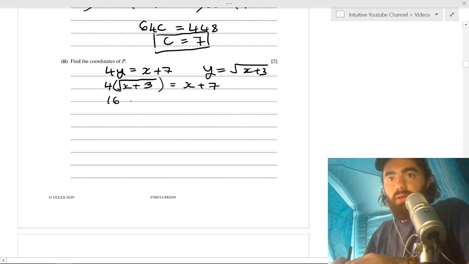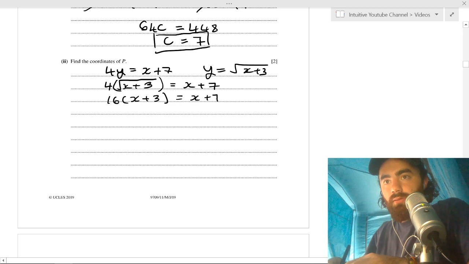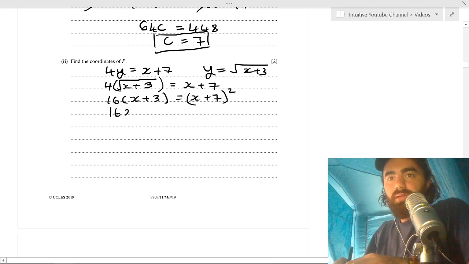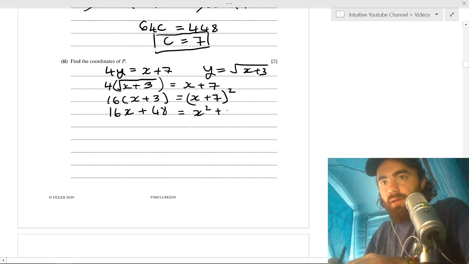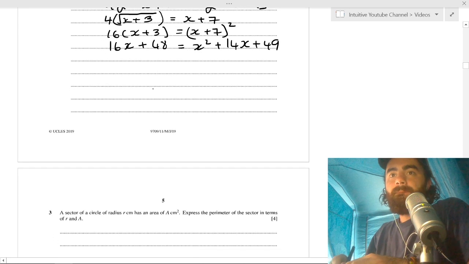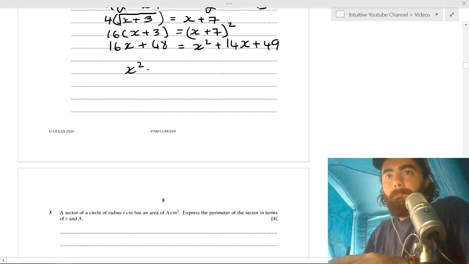Again, we can square both sides. So we get 16x plus 48 equals x squared plus 14x plus 49. And if we take this stuff over, we get x squared minus 2x plus 1.